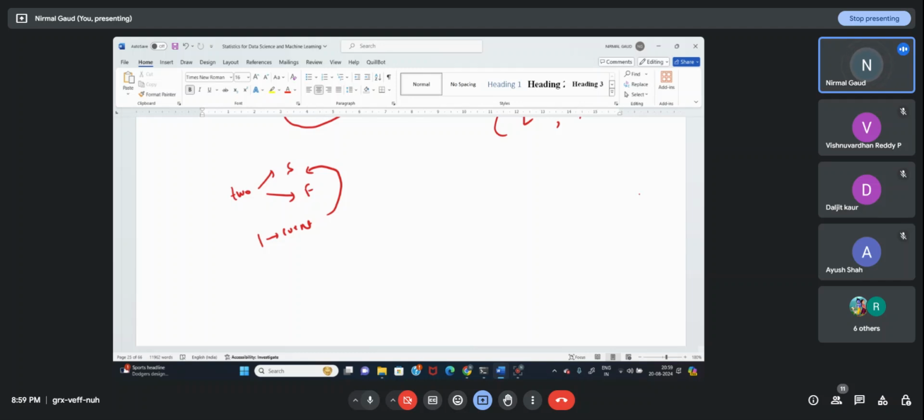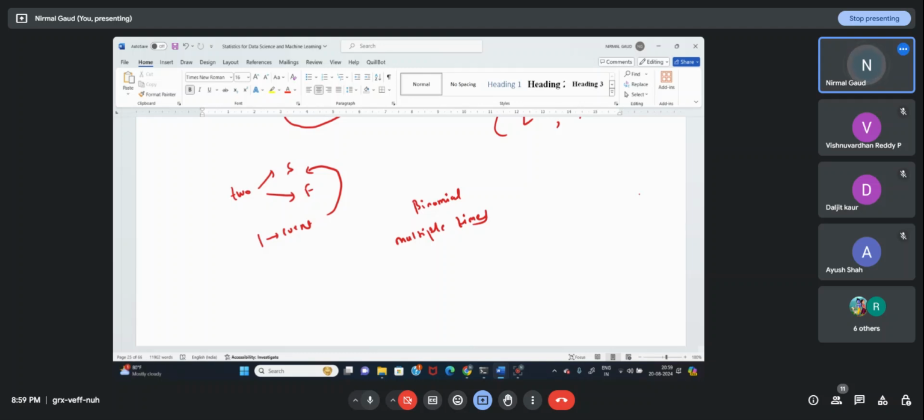That's what happens in Bernoulli. In binomial, it's like Bernoulli only, but we are doing this event not one time but multiple times, a number of times. Then it is binomial.